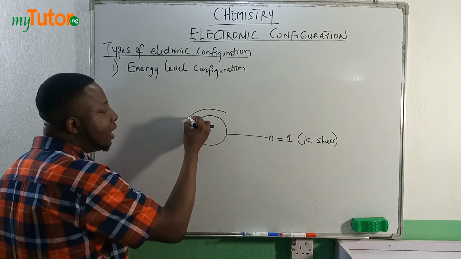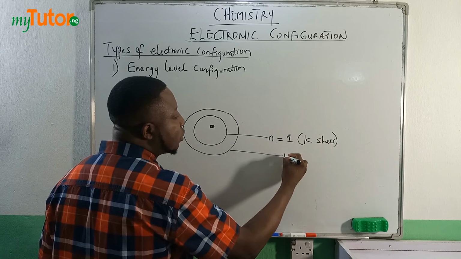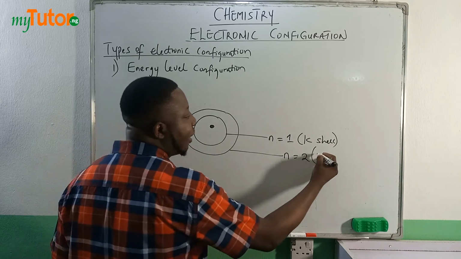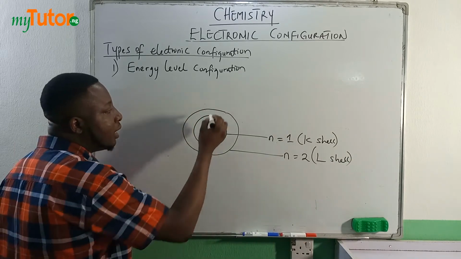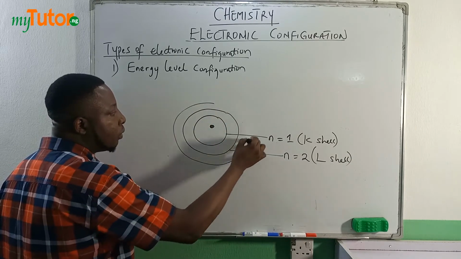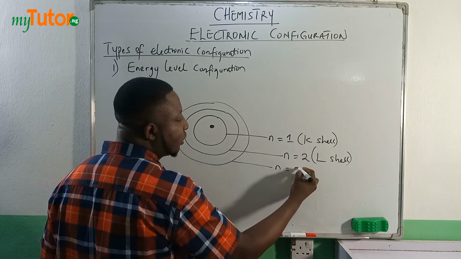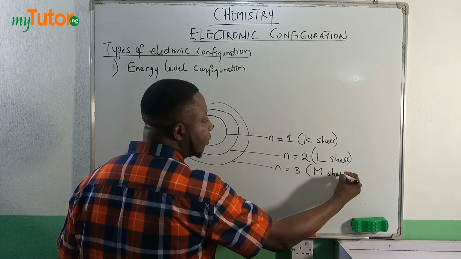The second energy level is designated with the principal quantum number n equal to 2, and is designated with the letter L shell. The third energy level is designated with the quantum number n equal to 3, and the letter M shell.